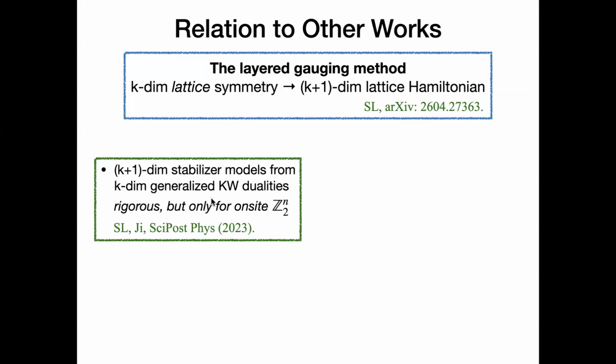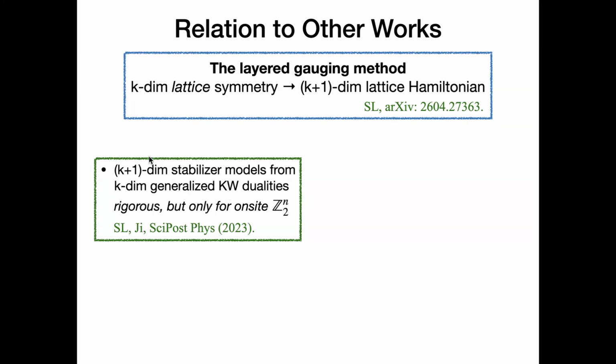In an earlier paper, my collaborator Wenjie and I have another construction, which is a somewhat ad hoc method to write down k plus one dimensional stabilizer Hamiltonians, topological stabilizer models, using what we call k-dimensional generalized Kramers-Wannier dualities.